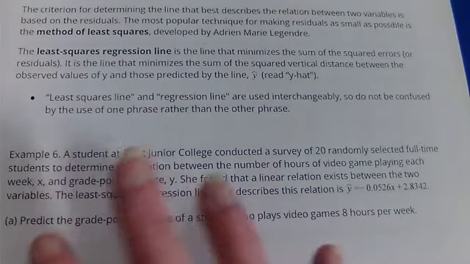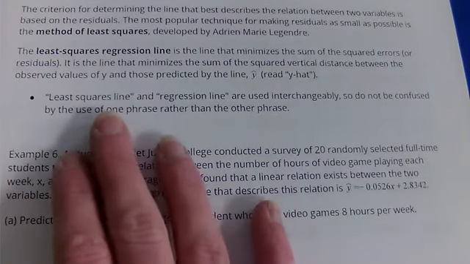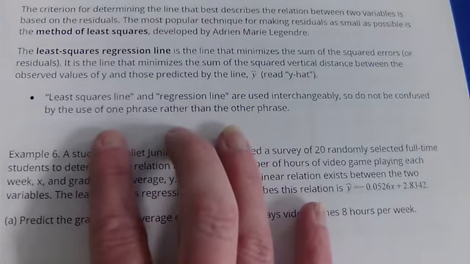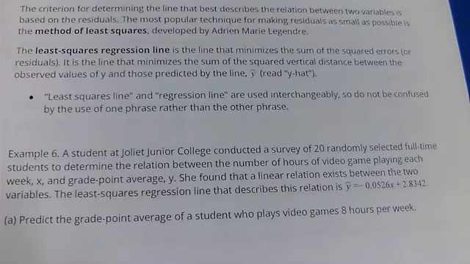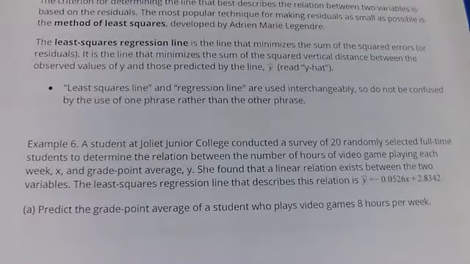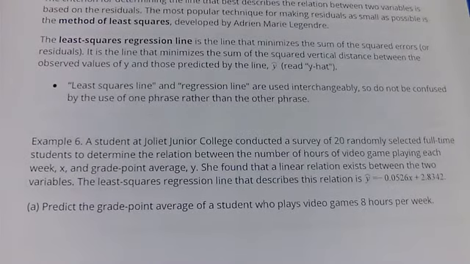It was a very complicated method. But if you hear both of those terms, don't get confused. They really just mean the same thing. We just want to minimize the residuals, so we're doing the least squares of the residuals.